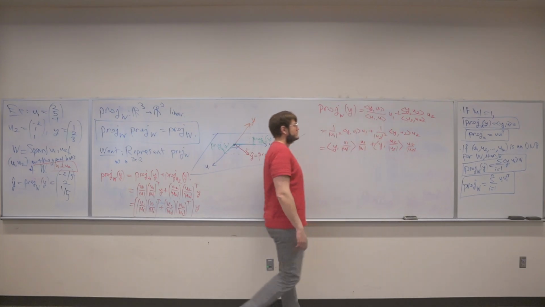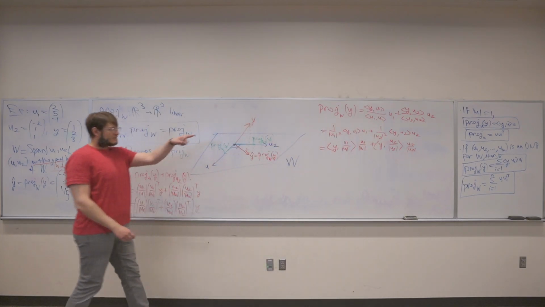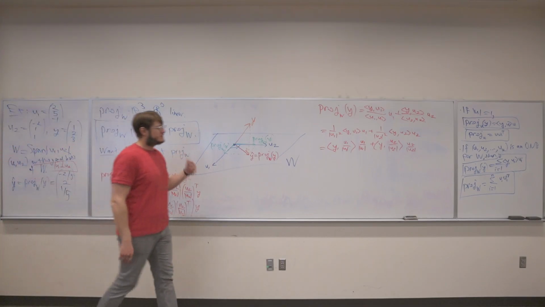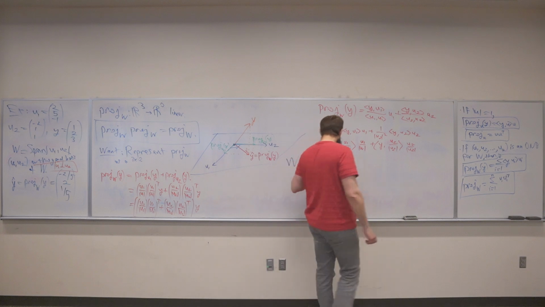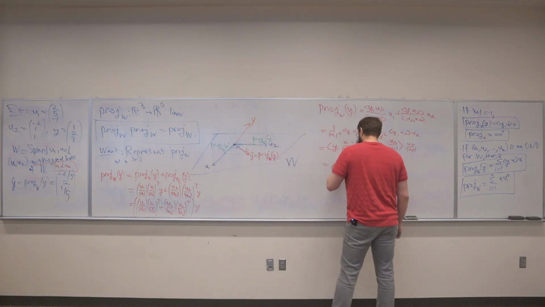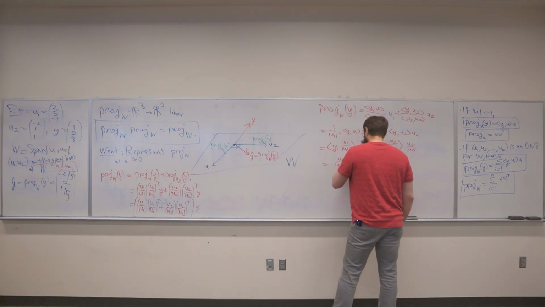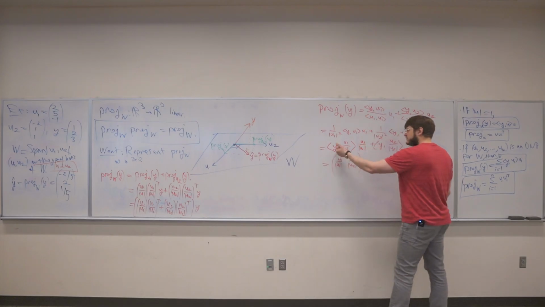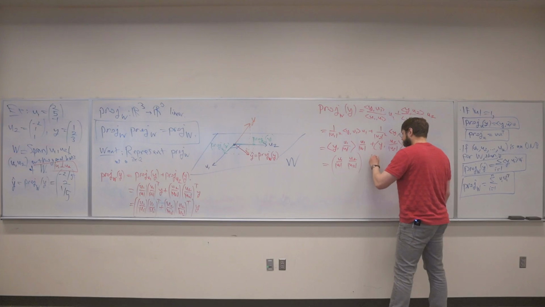In other words, I can think of this total vector as the outcome of a matrix vector product. And I can change the order of these as well.